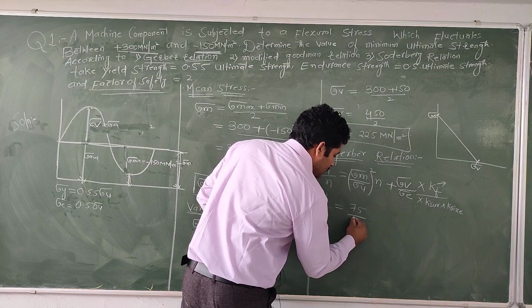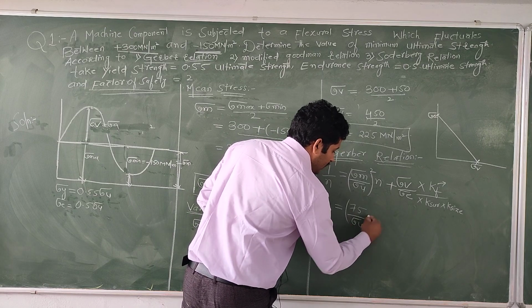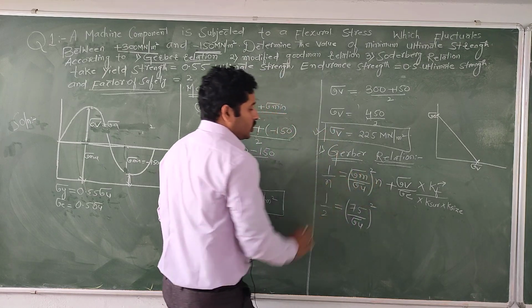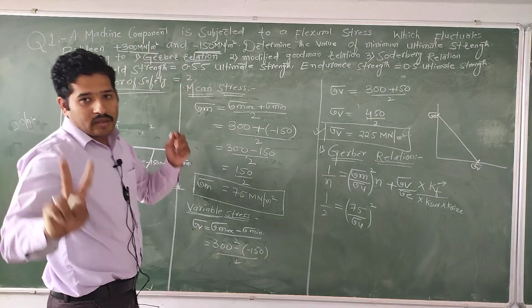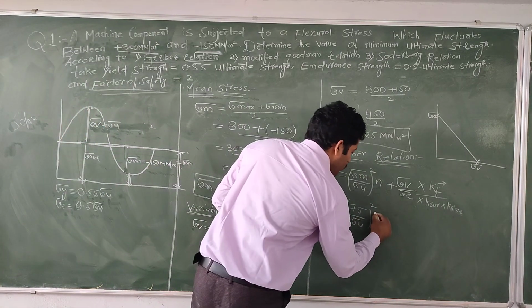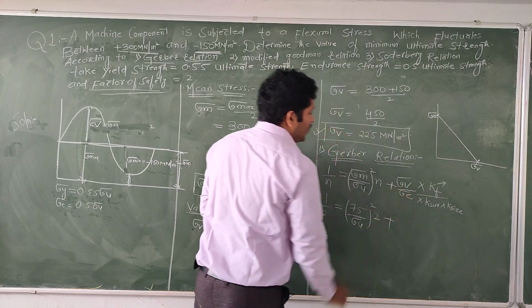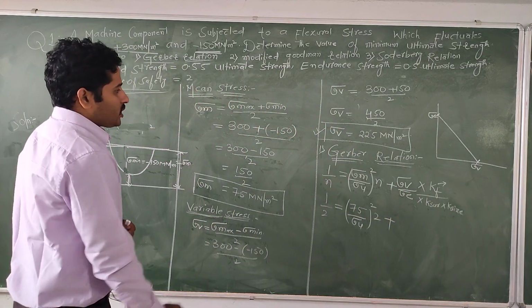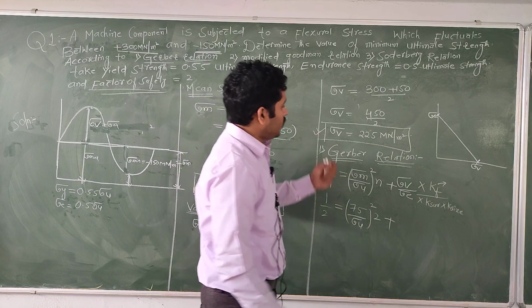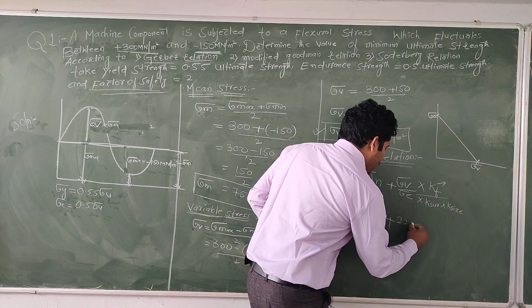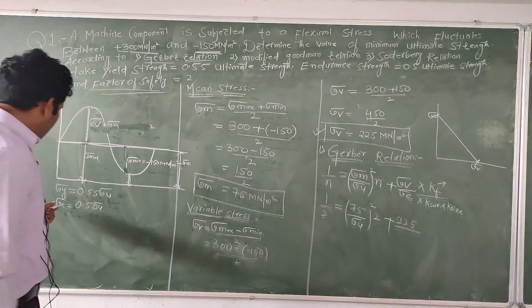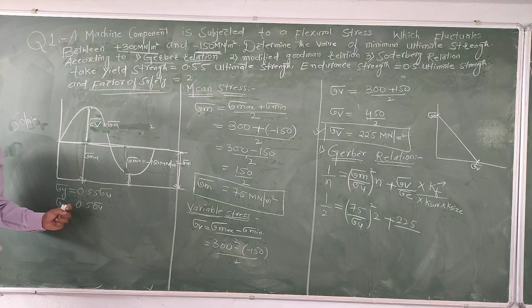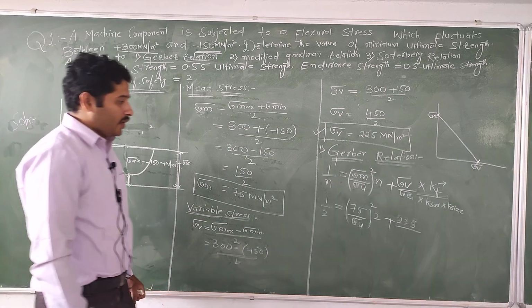In this case sigma u, that whole square, into n, the factor of safety, which is given as 2, plus the variable stress sigma v, which we got as 225. And the endurance limit sigma e is given as 0.5 into the ultimate stress.